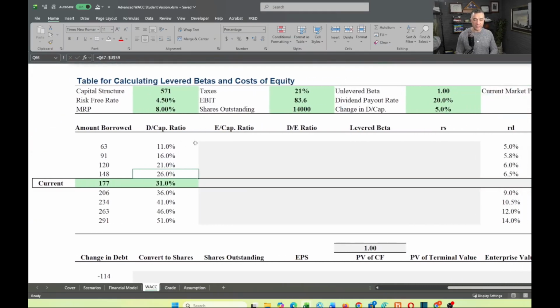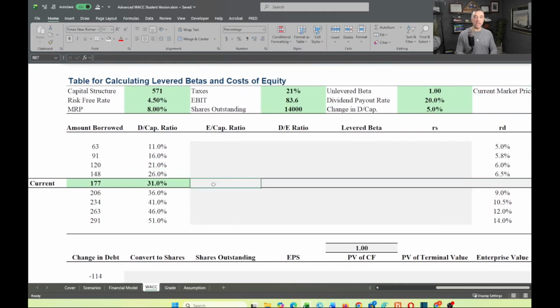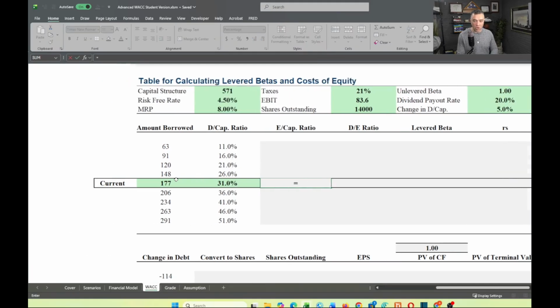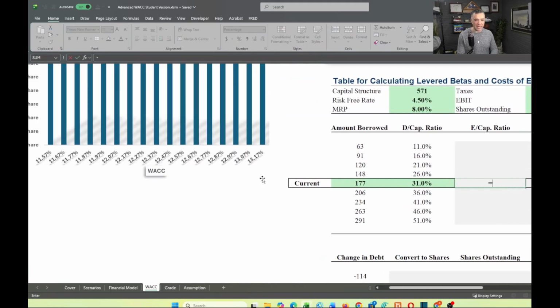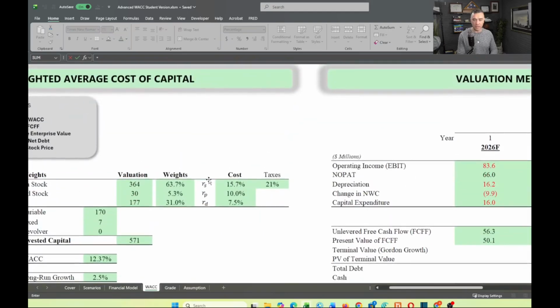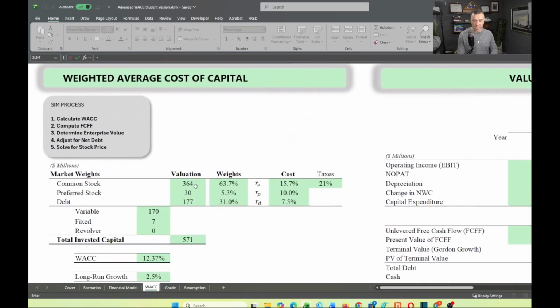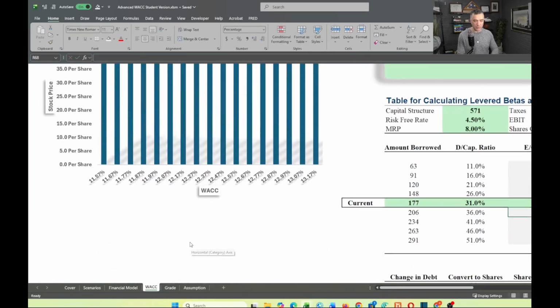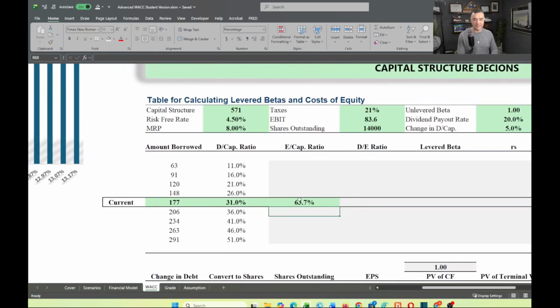All right, next we want to solve, well, what's the equity to capital ratio? So all I'm going to do is find out the equity up here. We have common stock, and I'm going to divide it by our total invested capital. That's 63%.